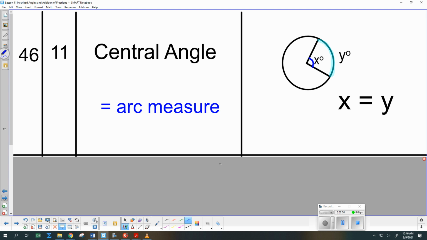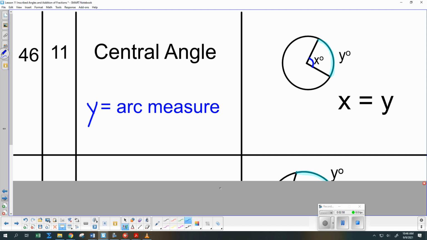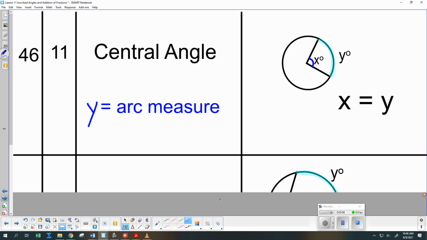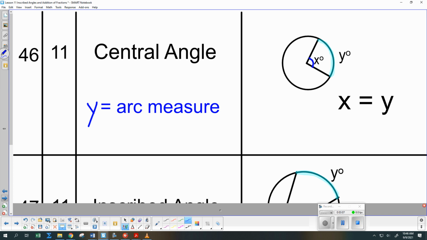We also talk about how many degrees it is around the circle, what's the arc length, and so the degrees for this piece of the circle, if it is a central angle, the degrees for the arc are the same as the degrees for the angle. But if it is an inscribed angle, it's going to be a little bit different here.